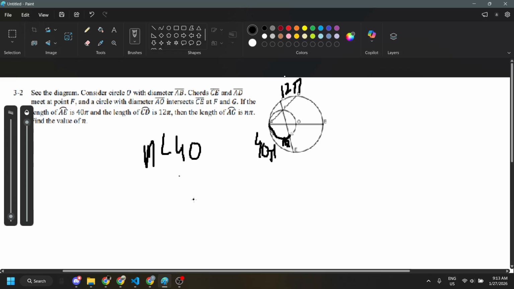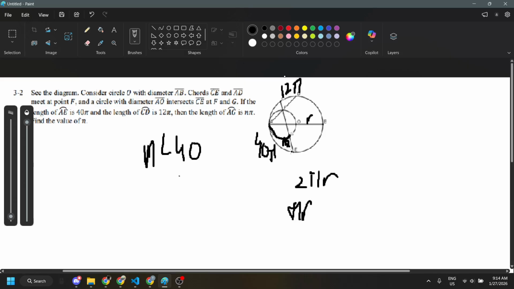Because this circle has a radius, let's call this R. This larger circle has a circumference of 2 pi r. This smaller circle has a circumference of pi r, because its radius is r over 2.